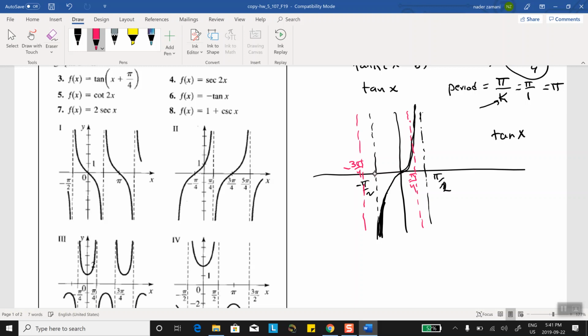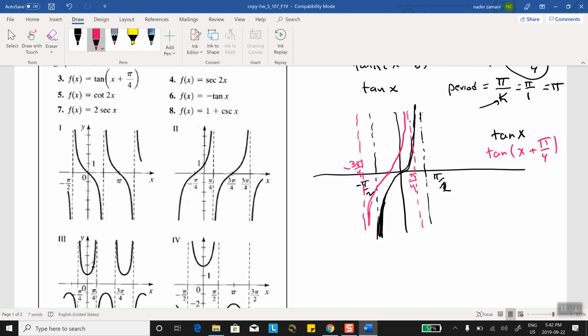It's pi over 2 shifted by pi over 4 to the left, and this point is going to go here, an amount pi over 4, and the graph of what I want is this. Okay, so the red one is tangent of x plus pi over 4.